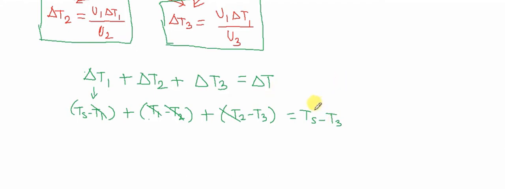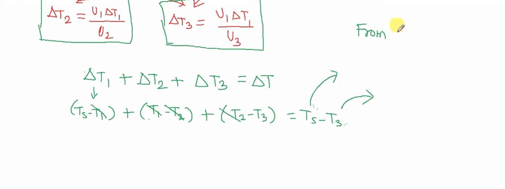Ts means the temperature of steam that is coming to the first evaporator, while T3 means the temperature in the last effect evaporator. These two values you will get from the steam table, with respect to the pressure.